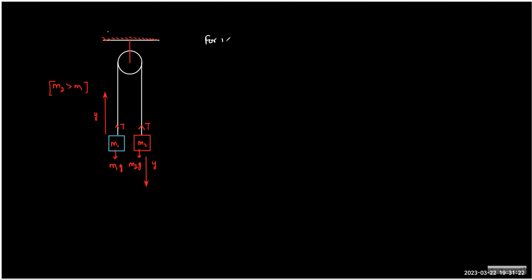So I'll write for M1, applying the work energy theorem. Okay. So definitely after falling through a certain height, the block will have some velocity, yes or no? Tell me. So can we assume the velocity of M2 as V?